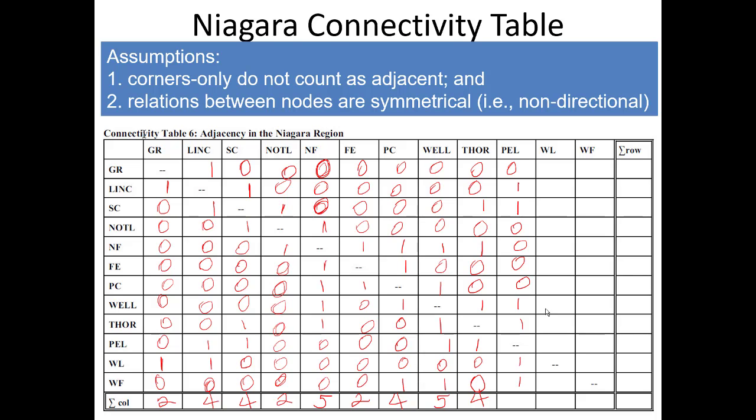So 1, 2, 3, 4, 5, 6. So Pelham, if we're using shared borders to count this, has the highest centrality.